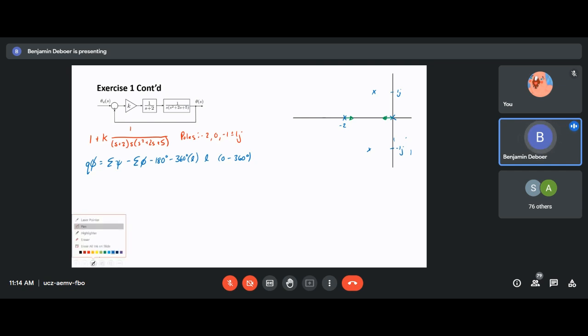So what we're going to do in this case is have a look at this pole, and we're going to have a look at all the poles and how their angles actually affect it. So we'll look at this pole right here. This is our pole of interest. What we need to do is, everything's in reference to the actual real axis here.